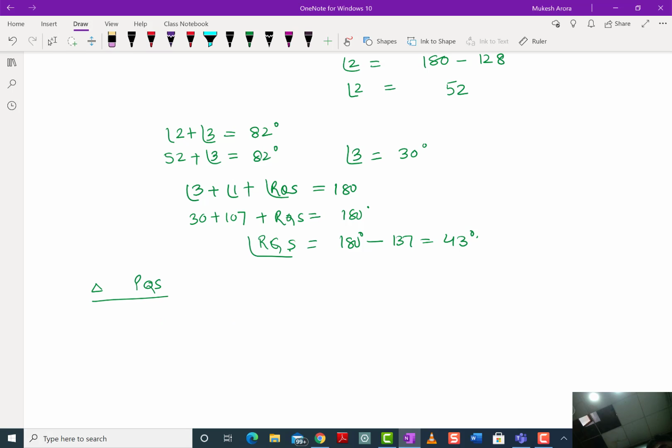So angle 2 is equal to angle 5, which is equal to 52, angle in the same segment.